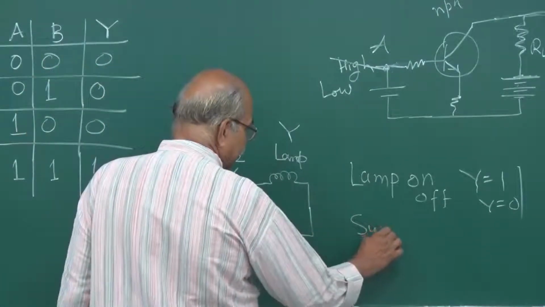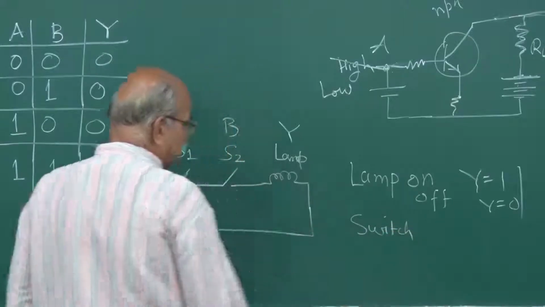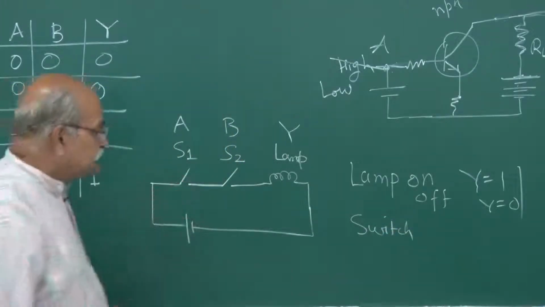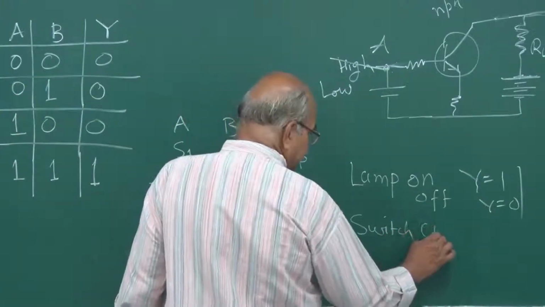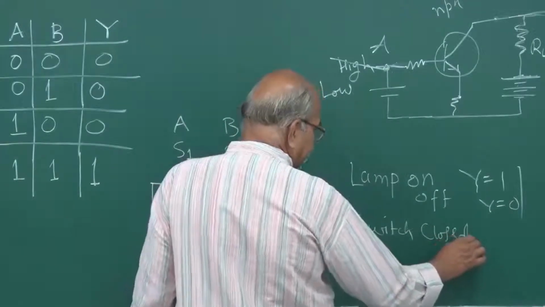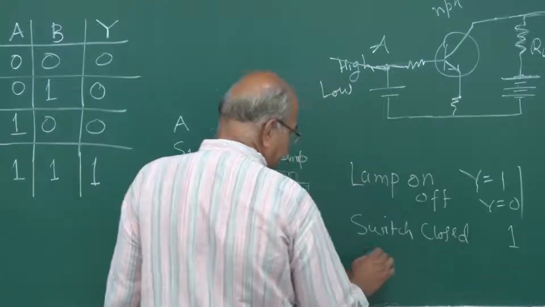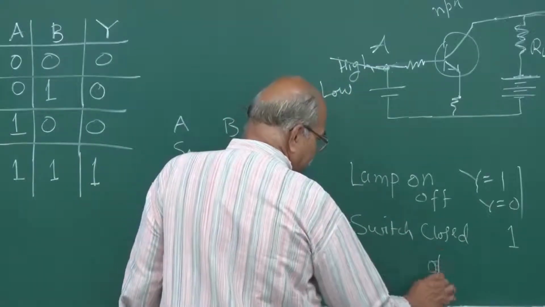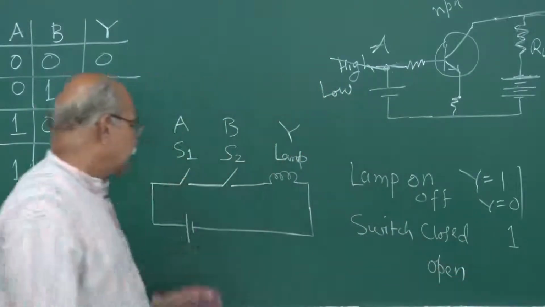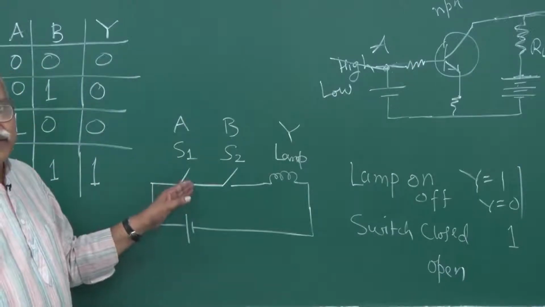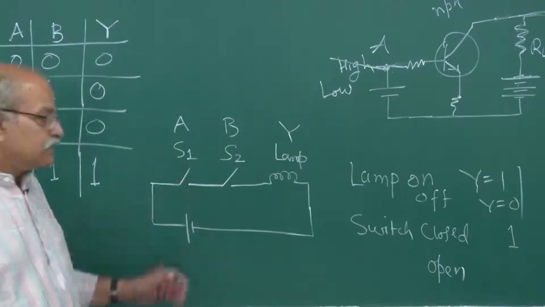And for the input, switch S1, any switch, if it is closed, closed means connected. So if the switch is closed, that we will call 1. This is your input, A or B. And if the switch is open, as it is shown in this figure, switch is open, so that we will call 0.